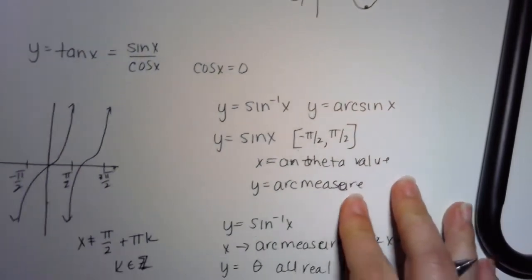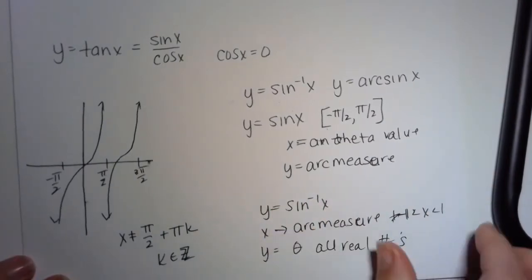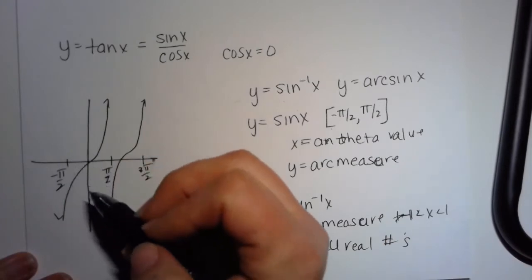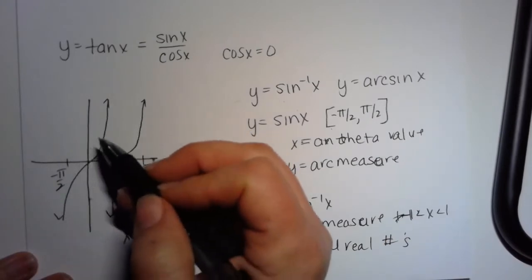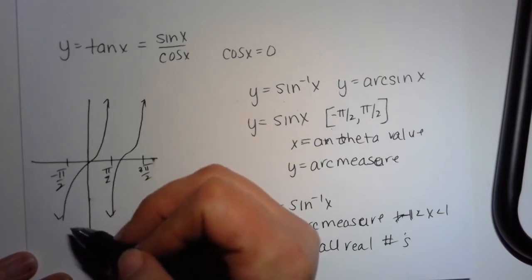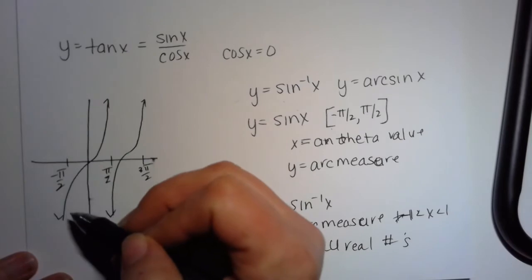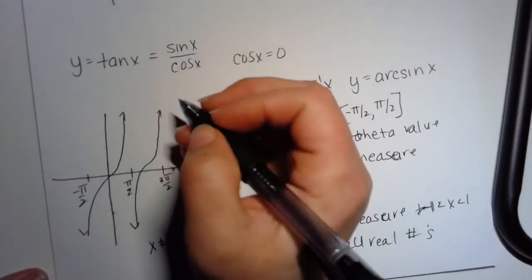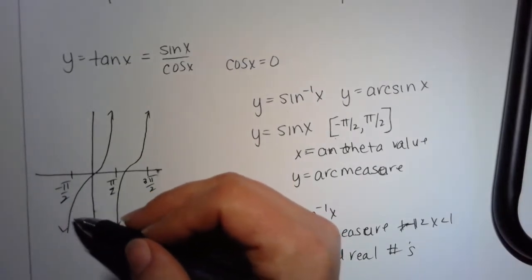Now, if I look at tangent, it's got a very similar restriction. Again, I want to make sure that I get all the top to bottom range values. As soon as I jump over here, I'm going to start repeating. So I'm going to restrict the domain of tangent, and I can't use negative pi over 2 because when I do, I get 0 in the denominator.